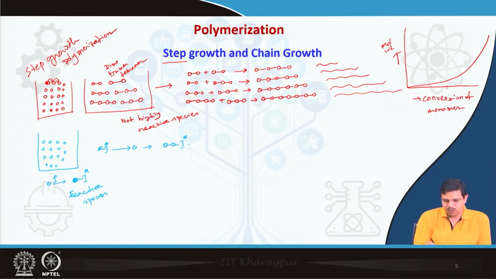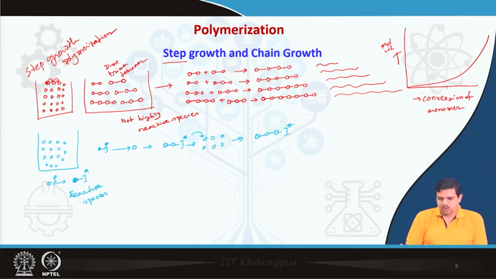Then there will be lots of monomers, so this again reacts with another and then you will get like this. Okay. So, what will happen? If there is no termination or other side reactions, this polymerization is very rapid, because it involves very highly reactive species.